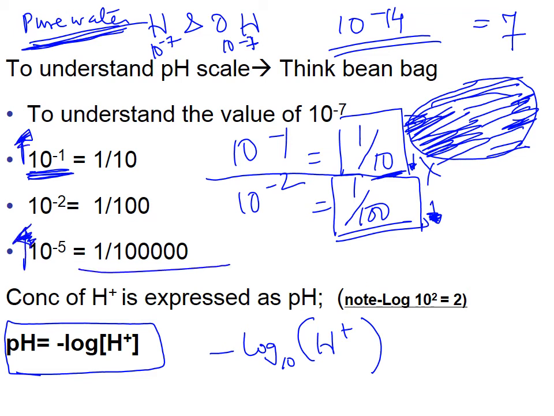And why? Because 10 raised to minus 5 in actual is 1 divided by 100,000, and the value is very, very low in comparison. So though it feels like a big number, it is not a greater value. That's what I'm trying to say.